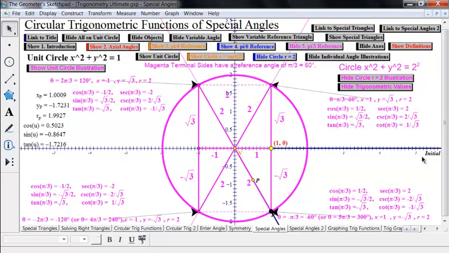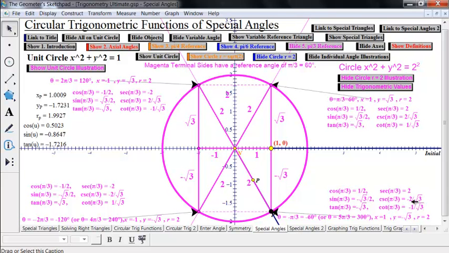And we get x is 1, y is negative square root of 3, r is 2. Remember, r is always positive. And use our definitions here, x over r for cosine, which is 1/2. Secant is positive. Sine is y over r, so negative square root of 3 over 2. Cosecant's its reciprocal. Tangent is y over x, that's negative square root of 3 over 1.